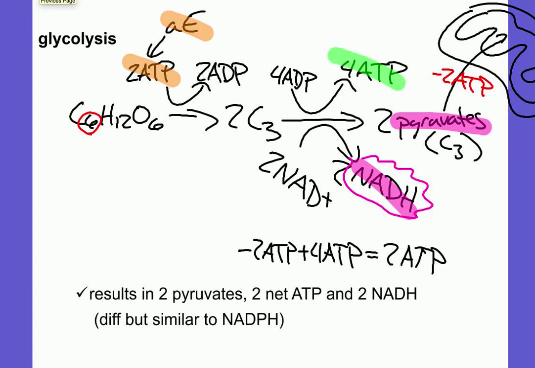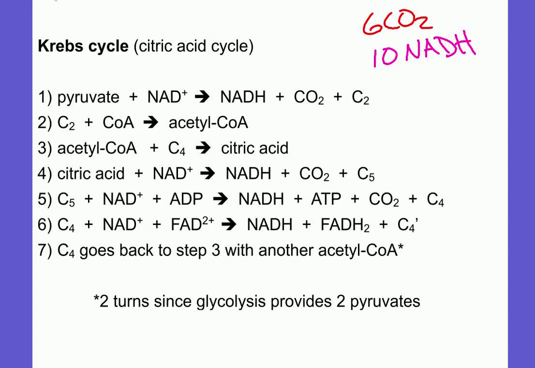I already had a net gain of 2 after glycolysis, but then I lost 2 to move pyruvates into the mitochondria. Now I'm getting 2 back. So I'm still at a net gain of 2, right? So I'm not going to add any extra ATP on from glycolysis this time because I actually lost that ATP. So my net gain at this point for ATP is 2.